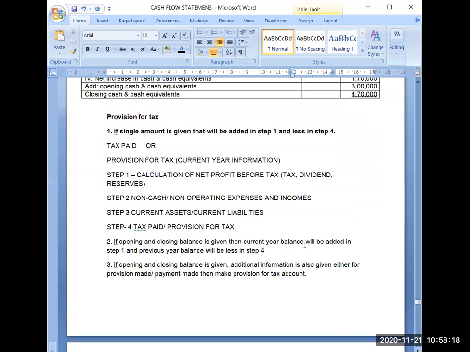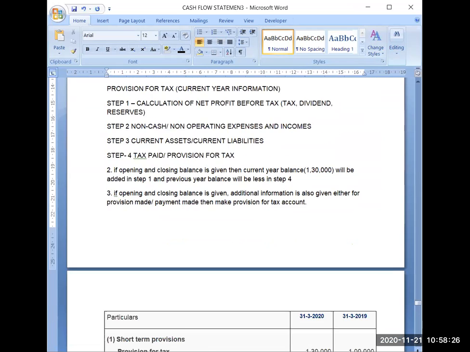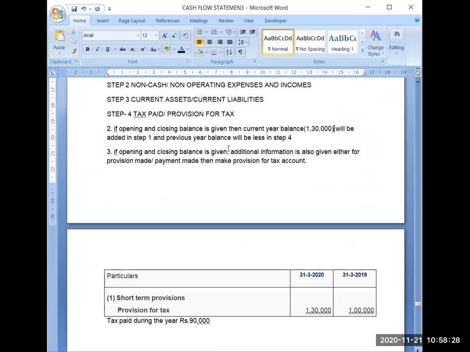So current year balance is what? It is 1,30,000 in the given question. You can see it also. And opening balance or previous year balance, you can say it is 1 lakh in the question given.